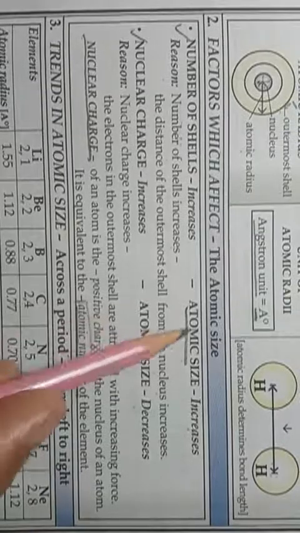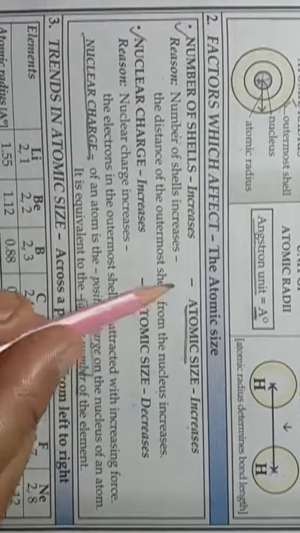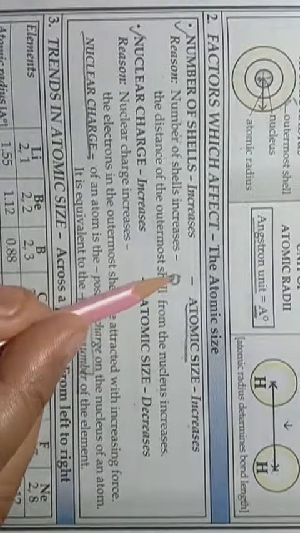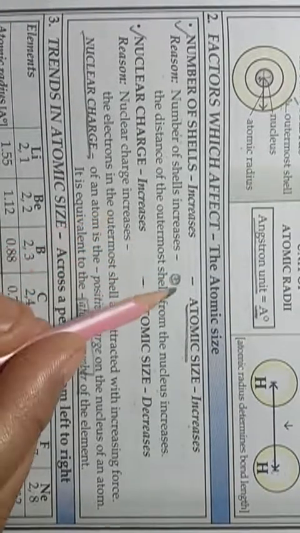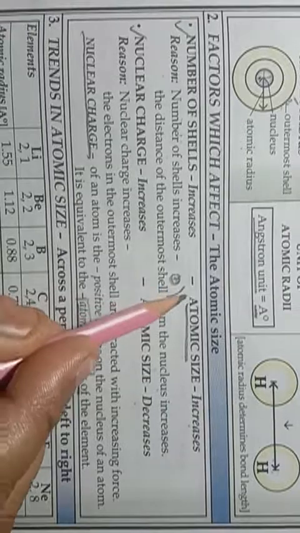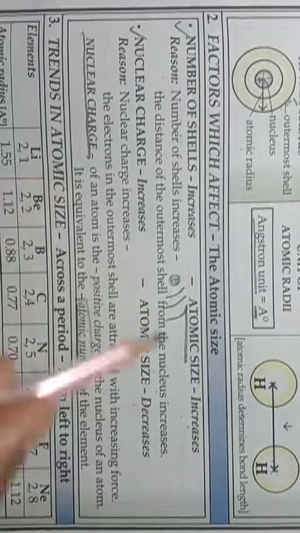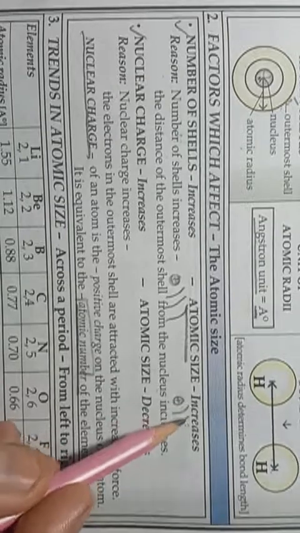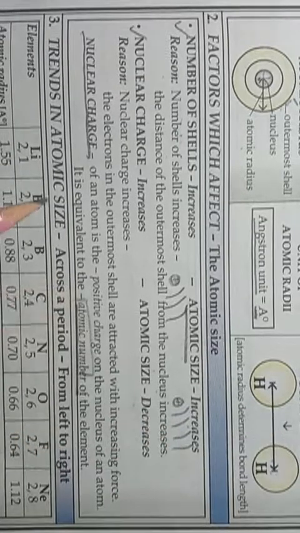So for example, if you take sodium and potassium, so sodium, this is the nucleus of the sodium, and you know that sodium is having 3 shells, and this is the nucleus of potassium, and potassium is having 4 shells.